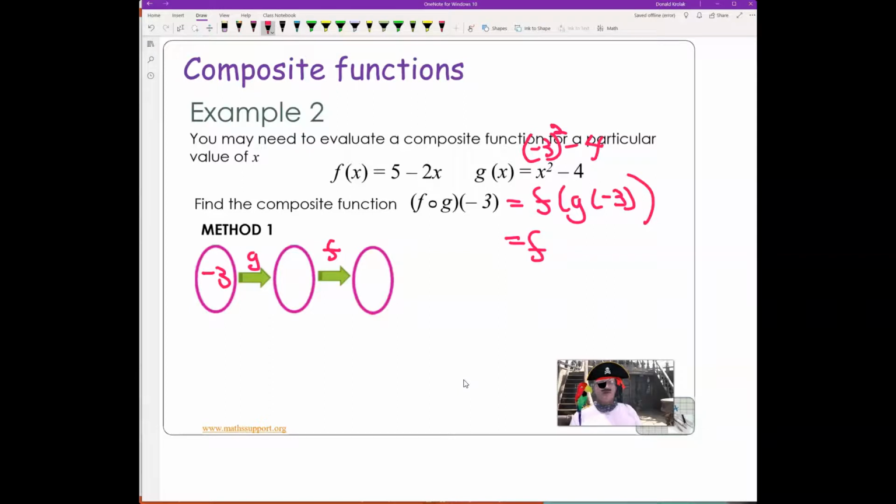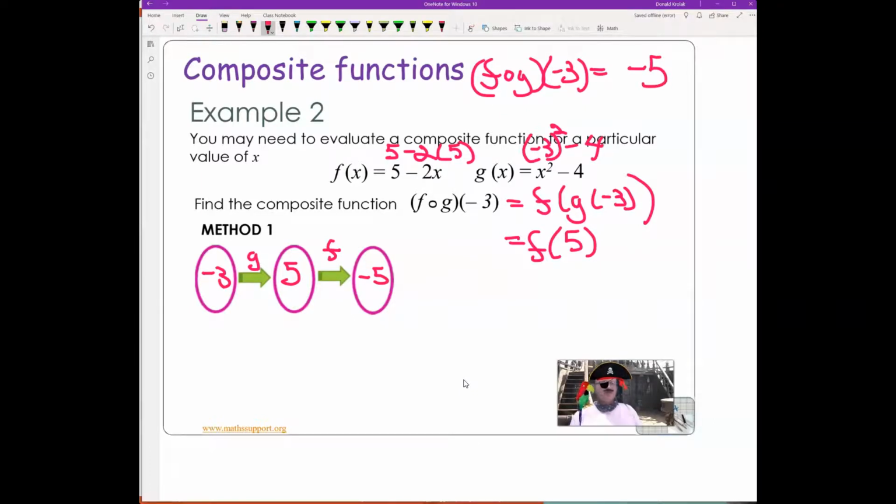That's 9, take away 4, that's equal to 5. So 5 is the output, and then that becomes the input in f, and I'd have 5 minus 2 times 5, that's 10, so that's -5. So I end up with my solution: f of g of -3 is -5.